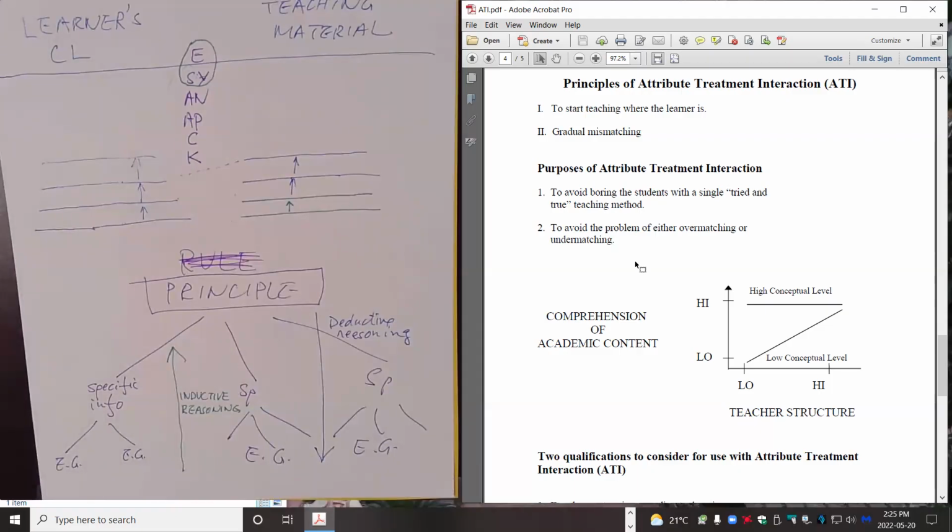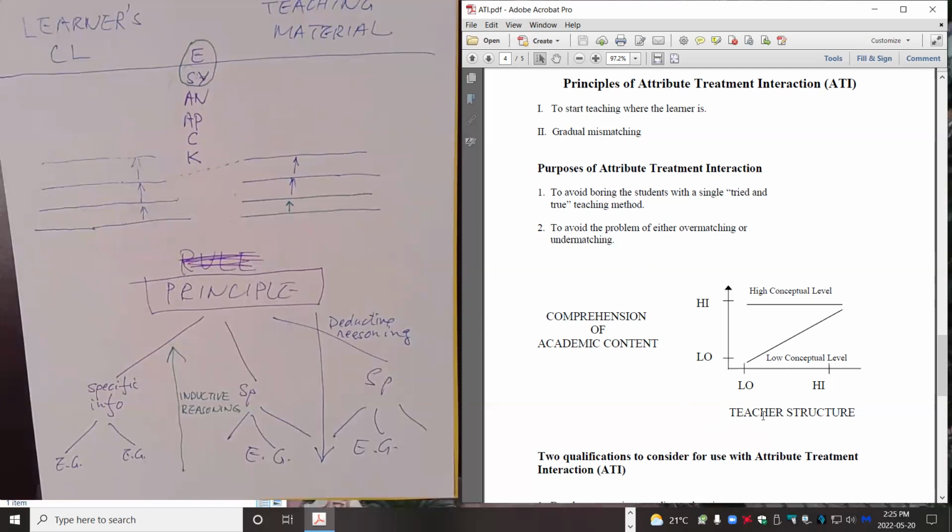Take a look at this graph here. This is comprehension of academic content. Low comprehension, high comprehension. Teacher structured material, that should be teaching structure.